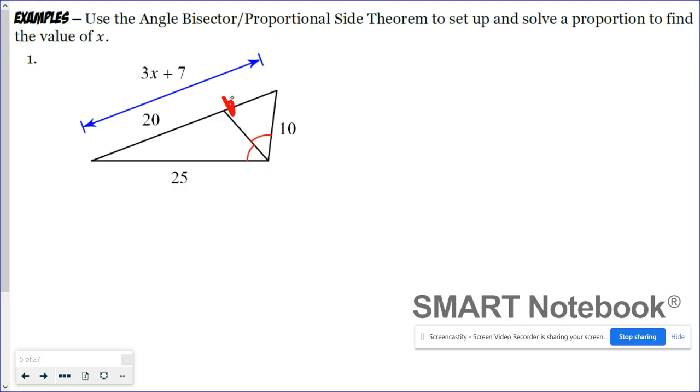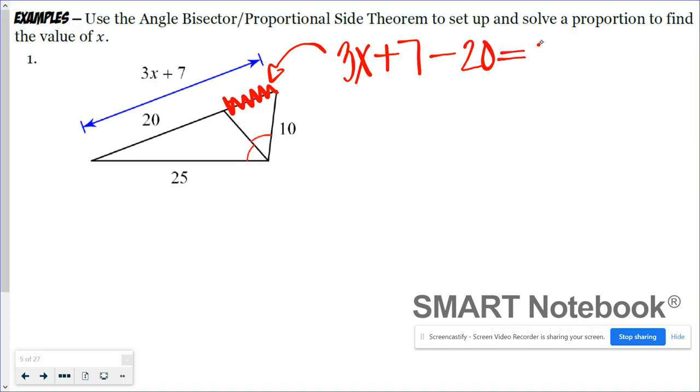So I have to be like, what is this? Okay. And so that segment right there can be found by taking the whole segment, 3x plus 7, and subtracting the part that I know, so minus 20. And that will give me just that segment. So we're looking at 3x minus 13 is just that segment.